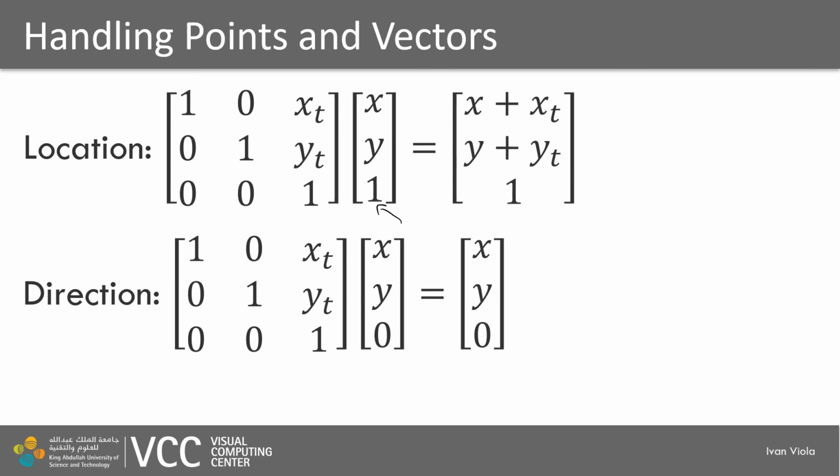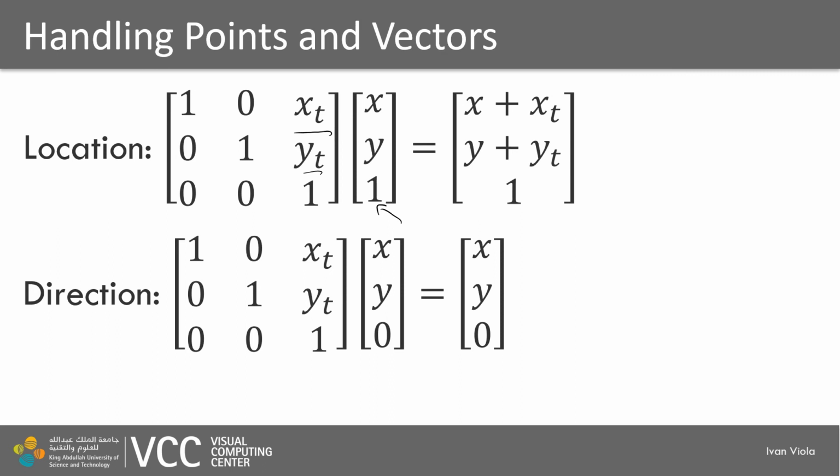So if we have no other transformation, so we have here, as you can see on the diagonal, just the ones, and we only want to express a translation, we will simply have the x coordinate of the translation in the first row and the y coordinate in the second row, both at the third column.